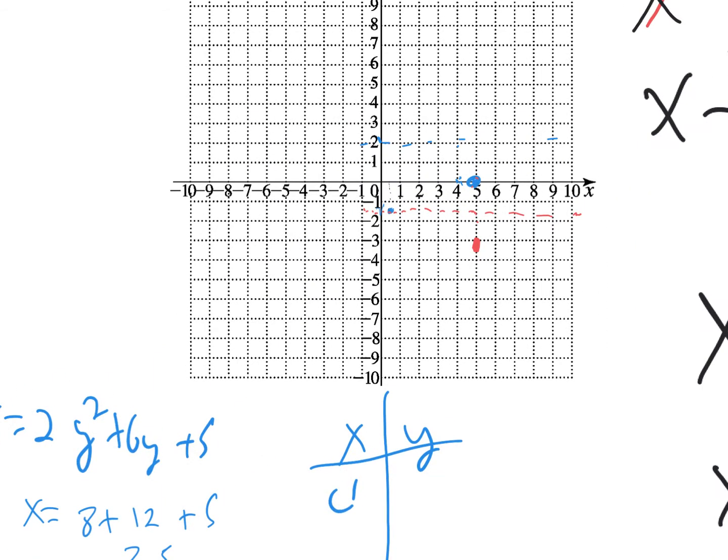So there's my picture. No wonder I wasn't going to get that 20. It was never going to get 25 in a long, long time. It's going to go up and it's going to go down. It's going to be a long time before it gets to the y value of 4. It's going to take until I get to 25. I don't want to do that work.